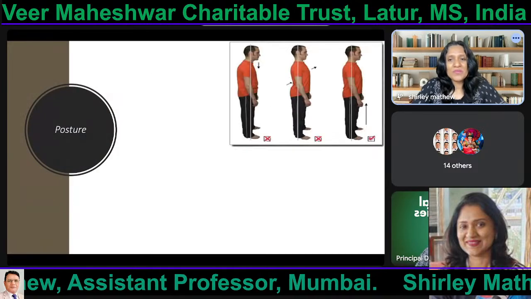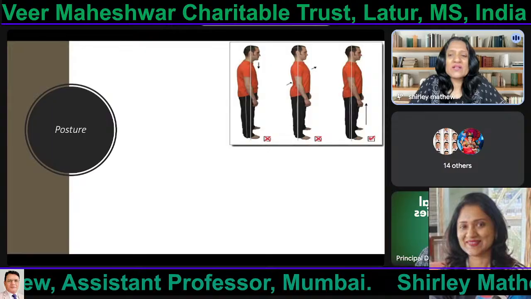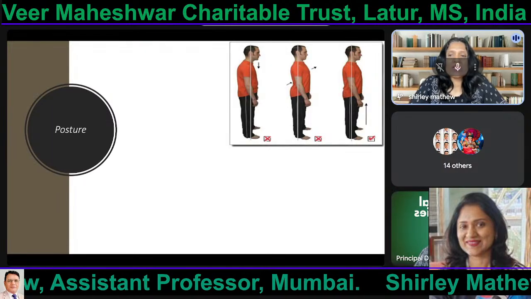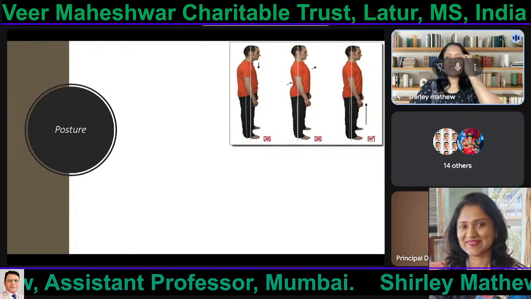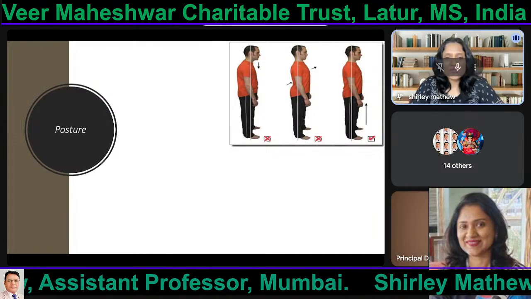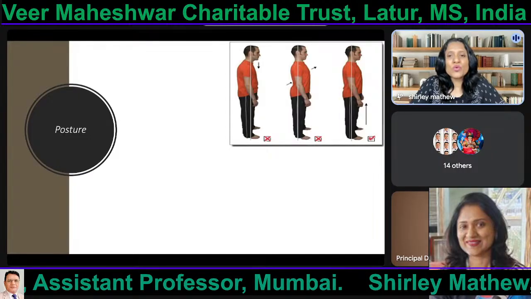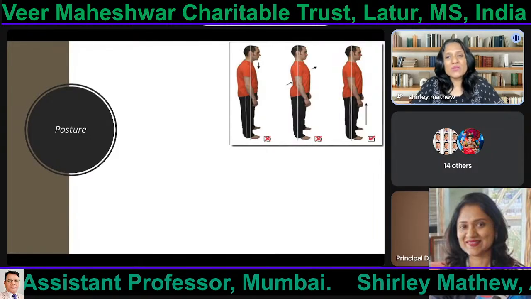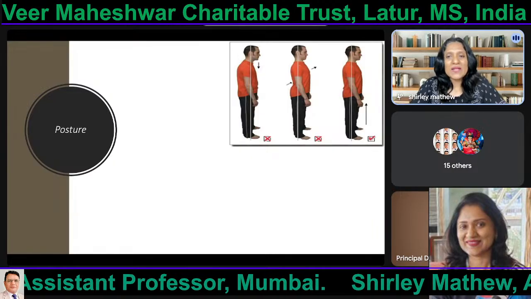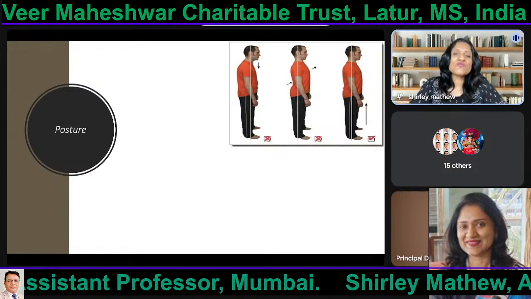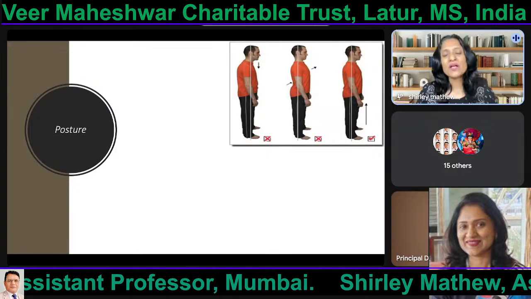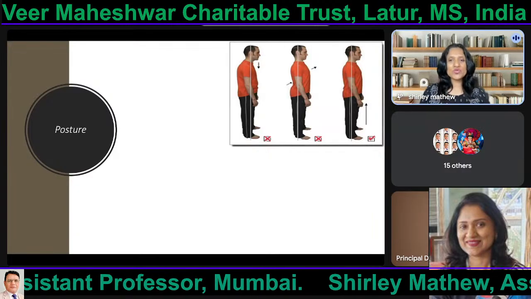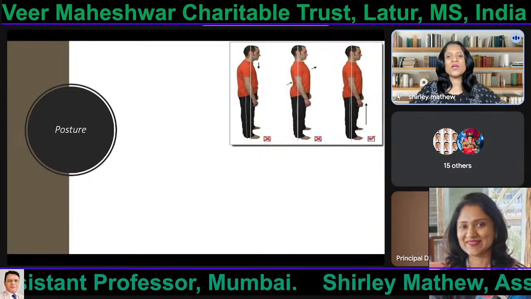So when we look at posture, in a normal situation, when you're looking at somebody, posture is very important. Sometimes people, especially these days, because of excessive screen viewing, the back has become very rounded and the neck is coming forward because of constant sitting in a position wherein you're viewing your mobile and leaning forward, so that ruins the posture of people.